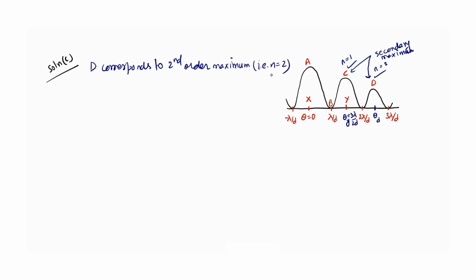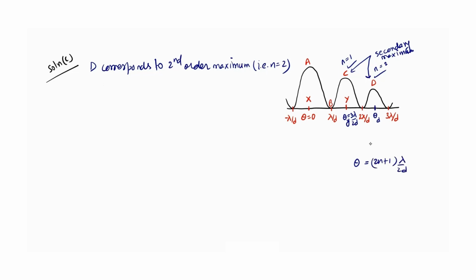So we are going to use this equation, theta equals 2n plus 1 lambda by twice d.